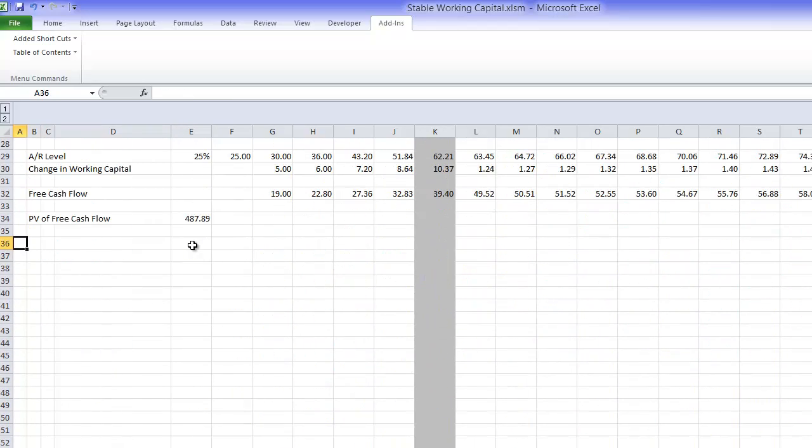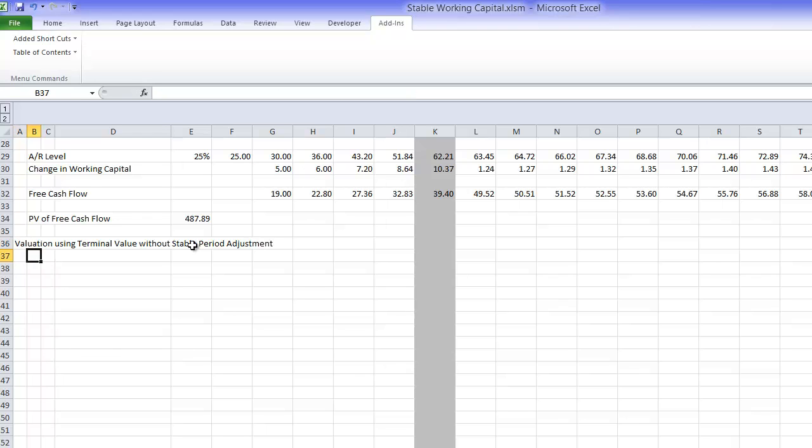The first approach will be valuation using terminal values without stable period adjustment.